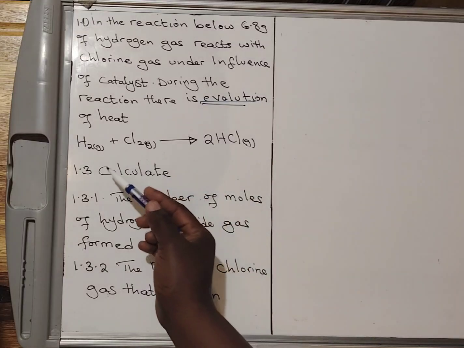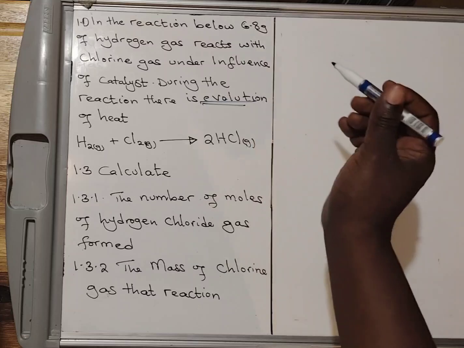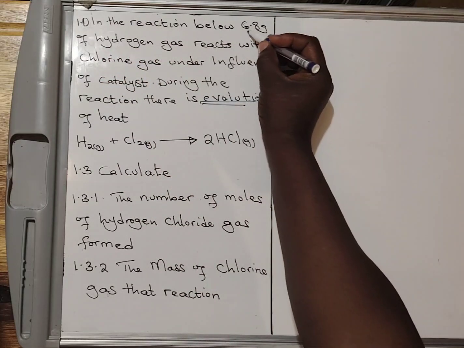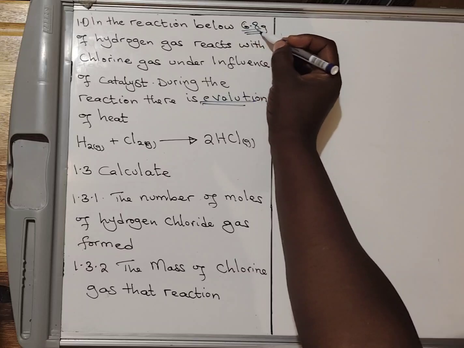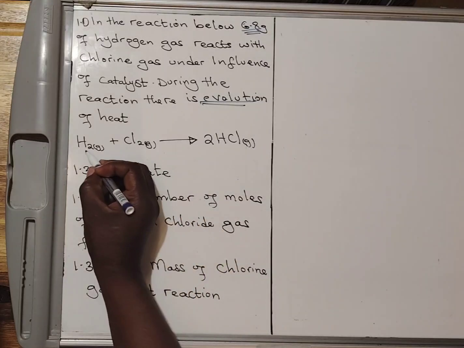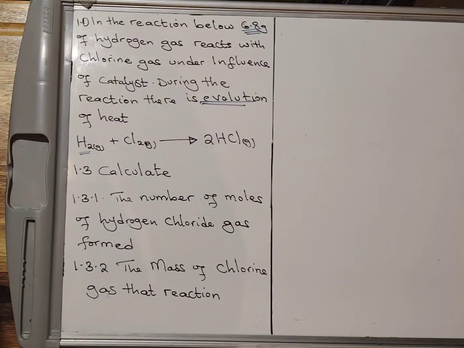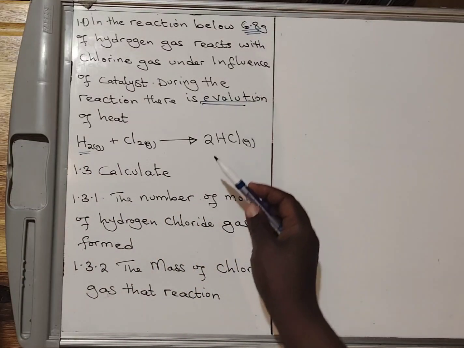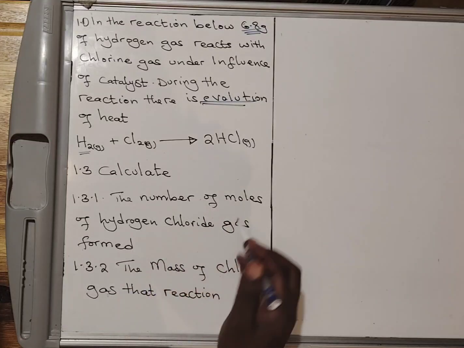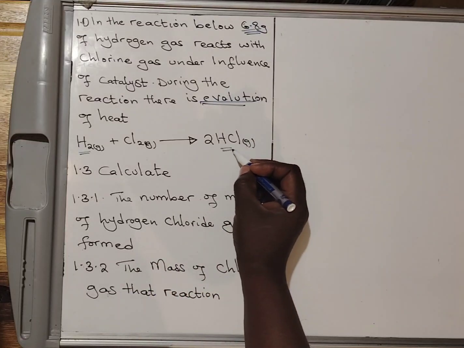You just have to come here. First of all, you have to come to the statement and see. They gave you the mass of hydrogen gas which reacts. So this one is identified. We are going to use it. And what does the question want? Number of moles of hydrogen chloride gas formed. So we are going also to use this one.